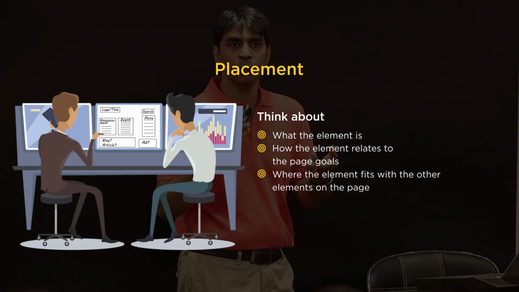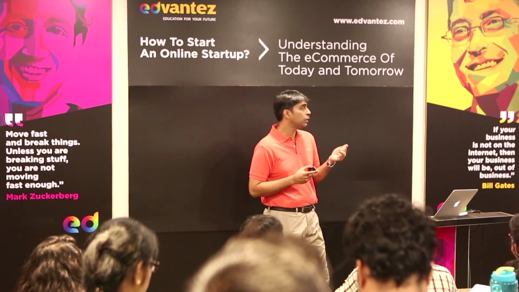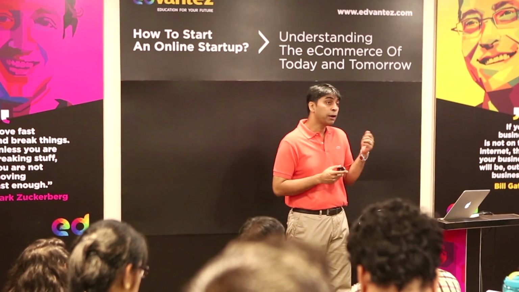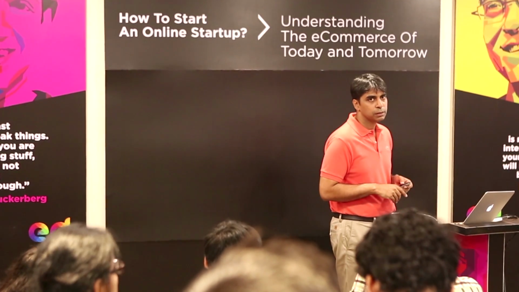You have your product name, your product title, your product images, your product videos, your product description, your shipping details, etc. There are hundreds of elements. So you need to know your element and how it relates to the page, but you also have to think about other elements on the page.